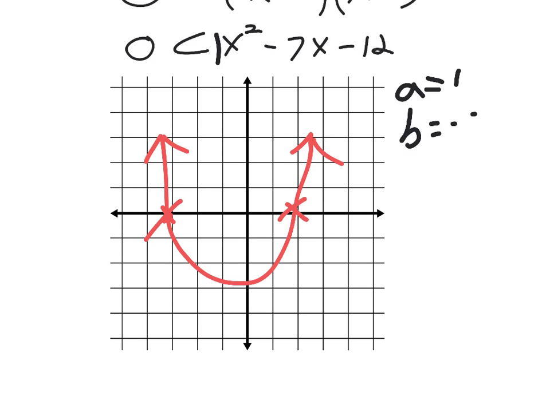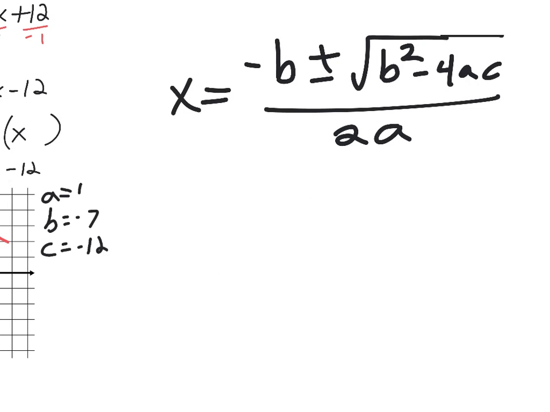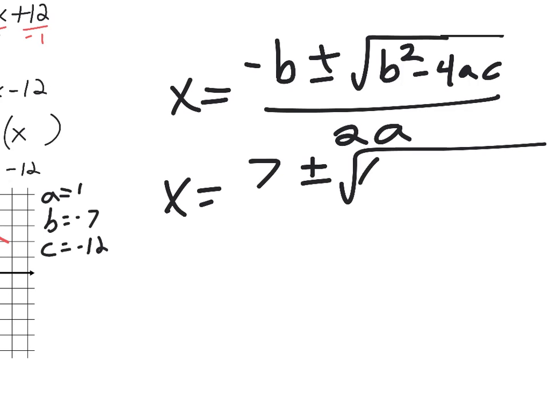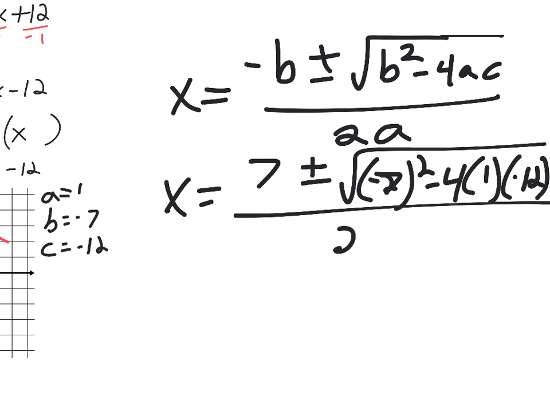B is going to be -7, and C is going to be -12. So plugging them in to the quadratic formula, a -7 makes a +7, -7 squared minus 4 times A times C, all being divided by 2A.